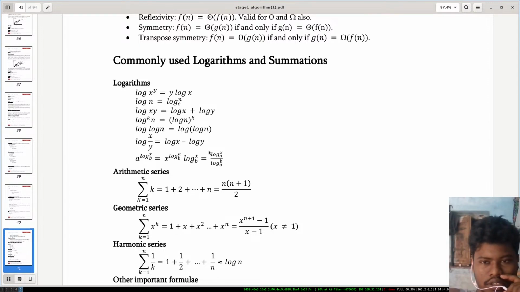Log xy is log x plus log y. Log n raised to the power k is (log n) to the power k, and log of log n is log log n.